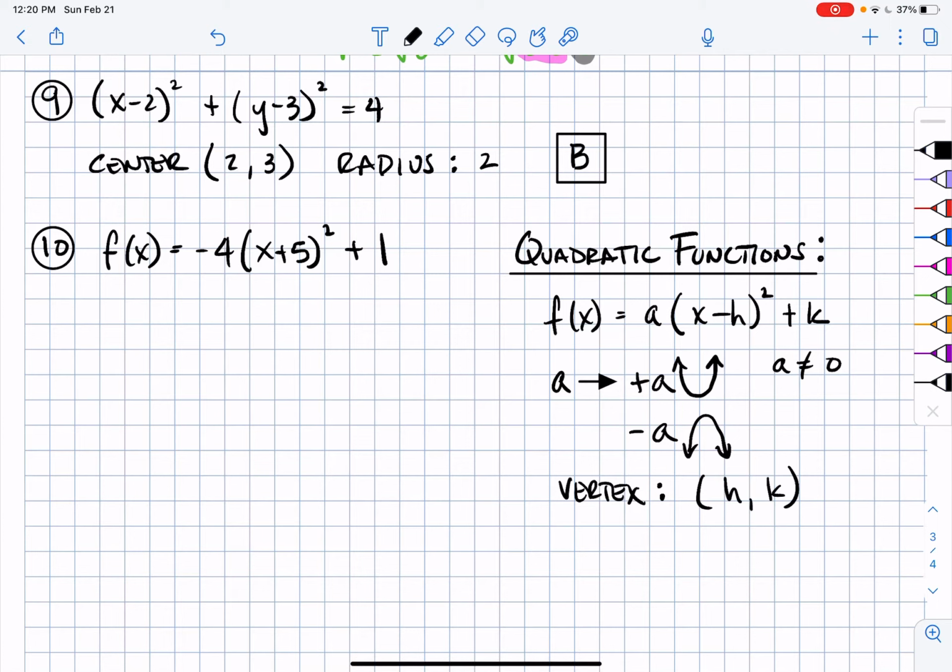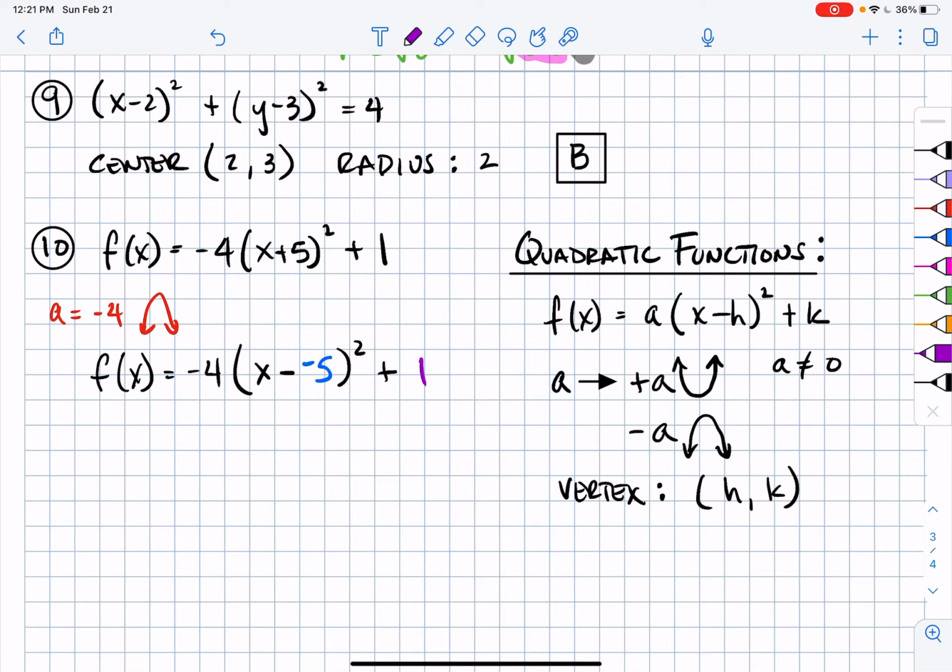Okay, so with that all being said, let's take a look at this. So what does this tell me? Well, my a is equal to negative 4. So that means I'm going to be frowning. And if I was to rewrite this, I can write this as f of x is equal to negative 4 times x minus a negative 5 squared plus 1.